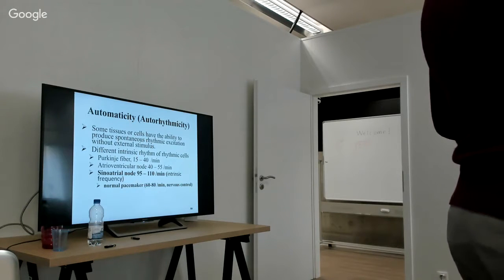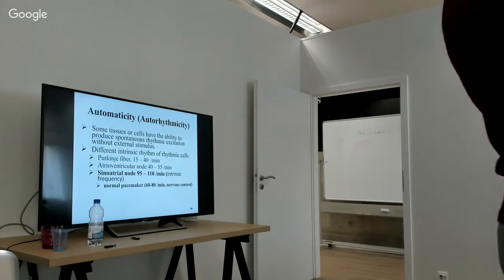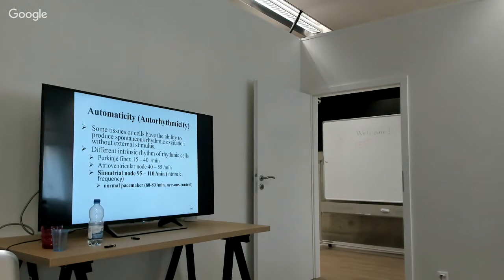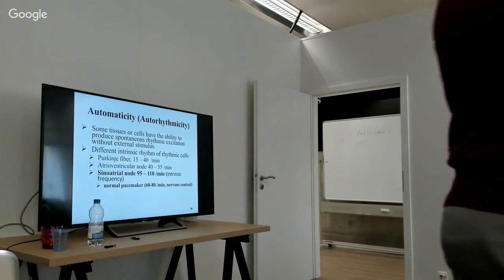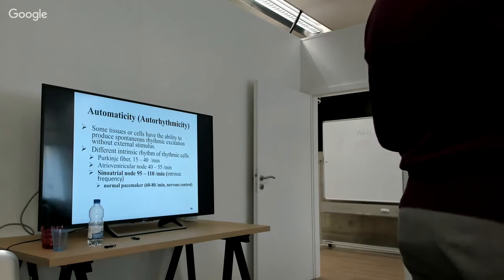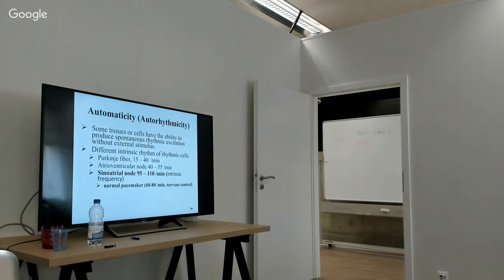When I do exercise, the first thing that happens is to reduce the parasympathetic tone, to remove the foot from the brake. And so I accelerate my heartbeat. This is the real physiological response. People think that the real physiological response is the increase of sympathetic activity to accelerate the heartbeat.